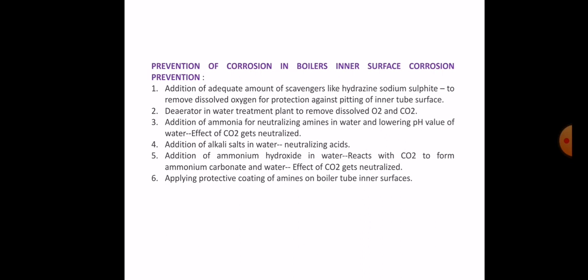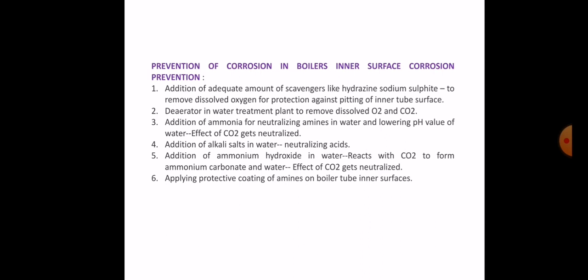Addition of alkali salts in water, so neutralizing acids. Addition of ammonium hydroxide in water reacts with carbon dioxide to form ammonium carbonate and water. So the effect of CO2 gets neutralized. Applying a protective coating of amines on the boiler tube inner surface.